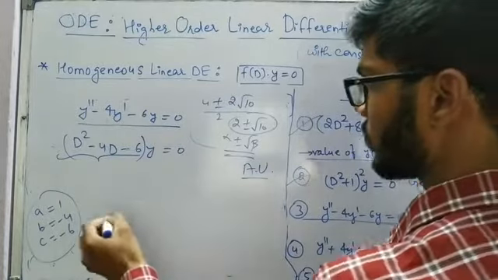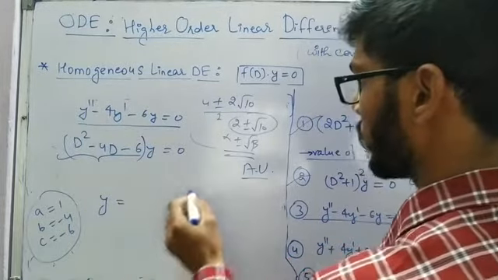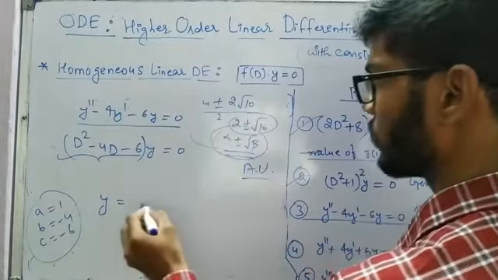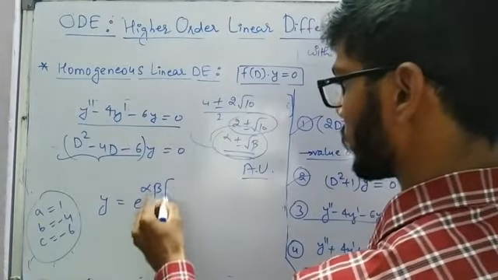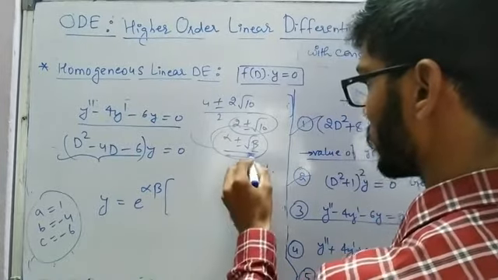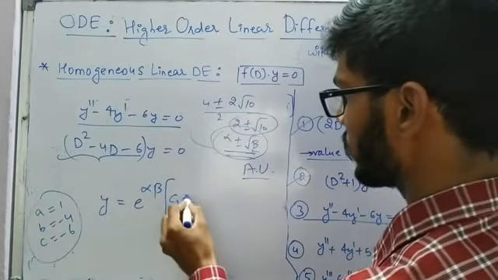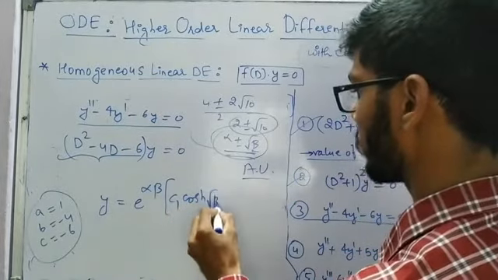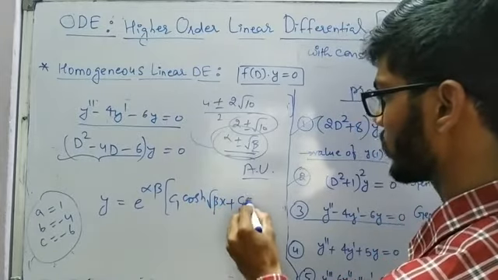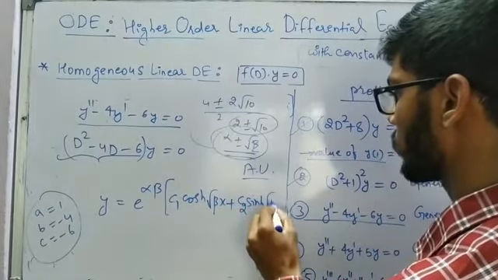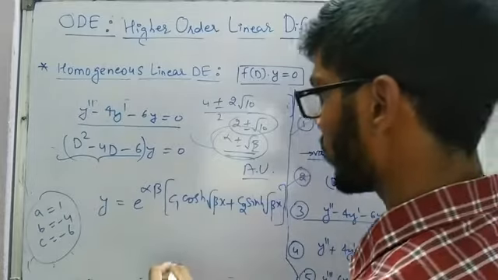So the general solution y: in the case of irrational roots, we are going to have the exponential term, and due to this irrational part, we are going to get the hyperbolic terms. So c1 cos hyperbolic root beta x plus c2 sin hyperbolic root beta x. Put the values of alpha and beta.